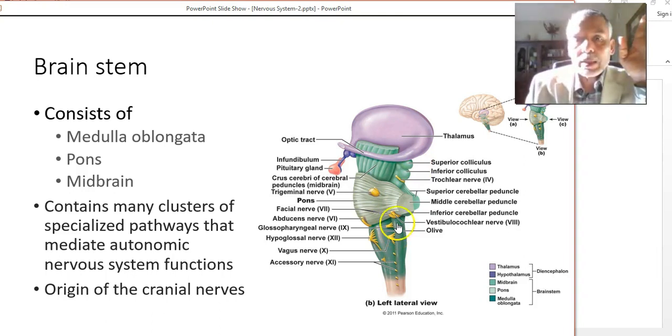That's the only reason. But they exit and go to different parts of the face, the neck, and the trunk. But just know that the only reason we call them the cranial nerves is that the roots of them are inside of the cranium.